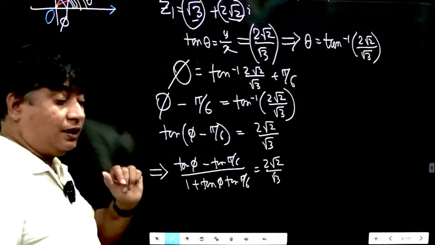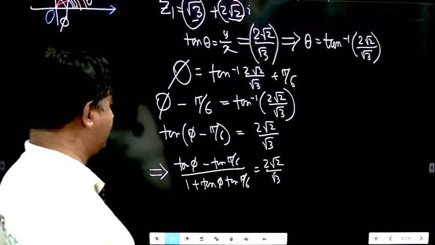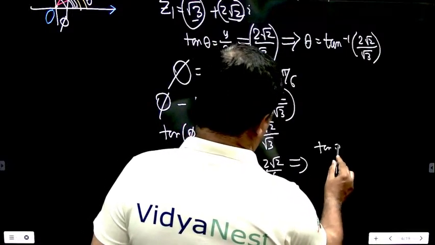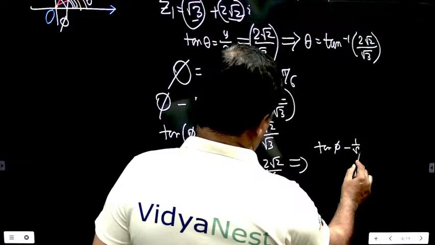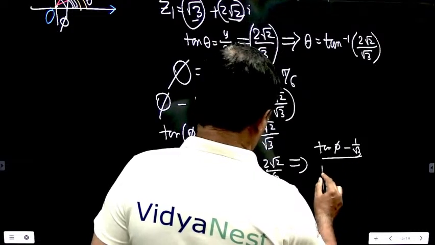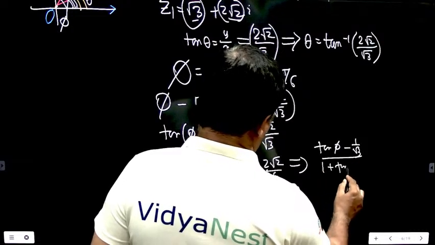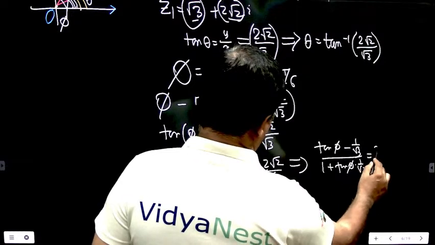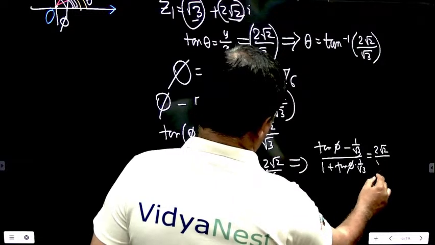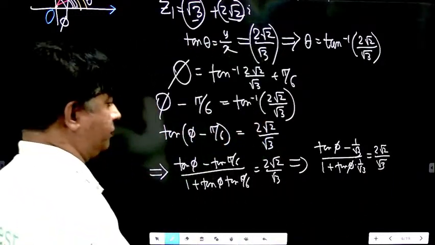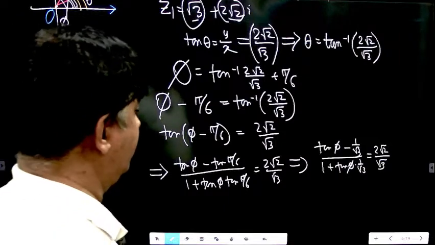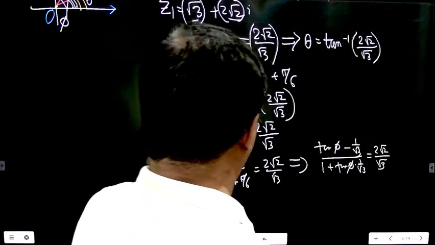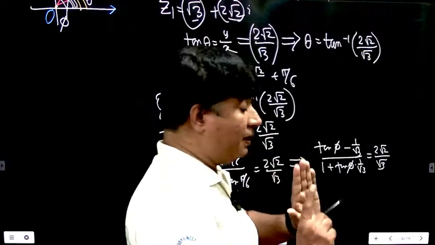Tan 30 degree means what? 1 by root 3. So this will be tan phi minus 1 by root 3, over 1 plus tan phi into 1 by root 3. Now from here we have to separate tan phi.